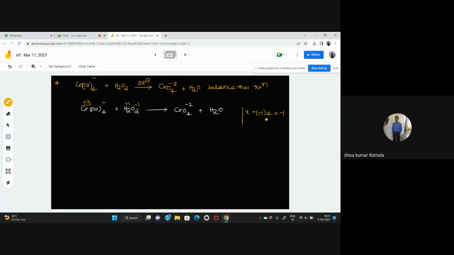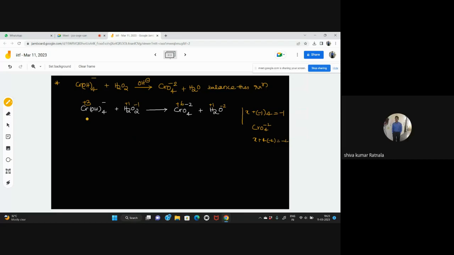And in CrO4 2 minus, chromium X plus 4 into oxygen minus 2 equals minus 2, so chromium is plus 6 and H2O we are getting minus 2.